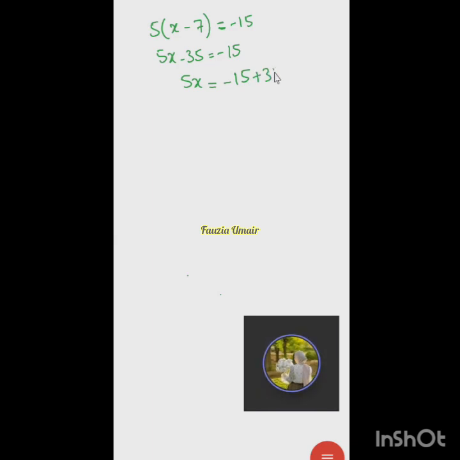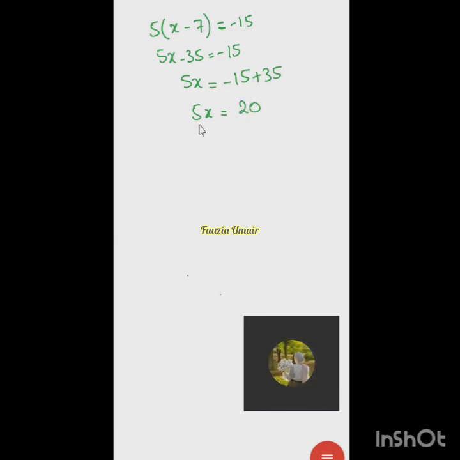Very good, plus 35. Now 5x is equal to, what is the answer of minus 15 plus 35? They are unlike terms, the signs are different, so we will subtract them. It is plus 20, right?